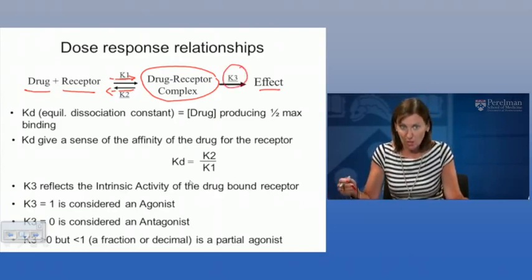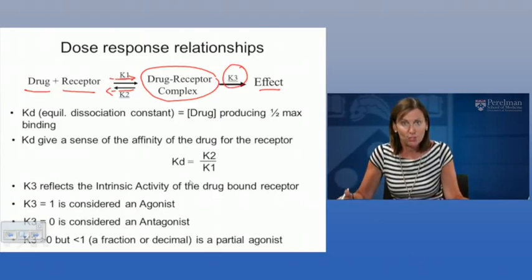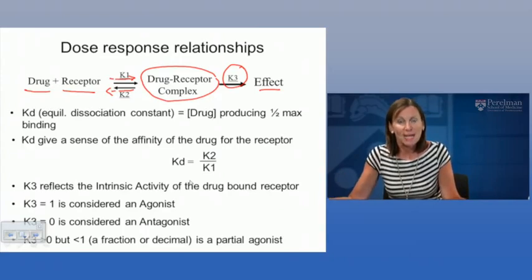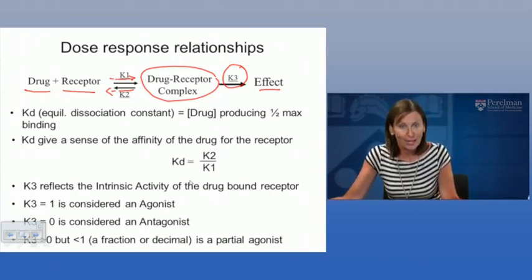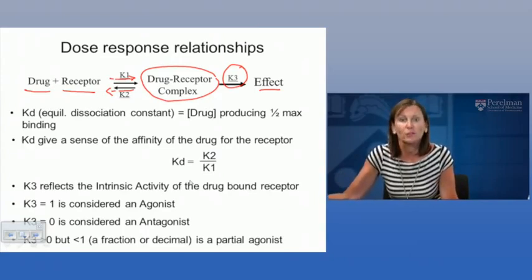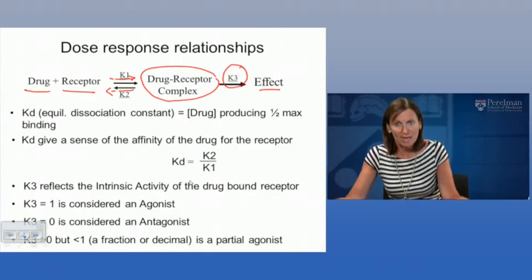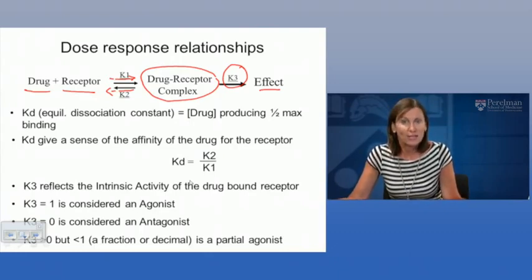So we've introduced the concept of drug plus receptor equals drug-receptor complex, and the forward direction of that relationship is ultimately going to give you a reflection of the affinity of the drug for the receptor, and then the K3 value is going to give you, in essence, a sense of the magnitude of the effect that that drug-bound receptor can bring about.